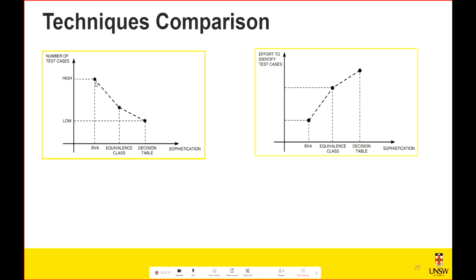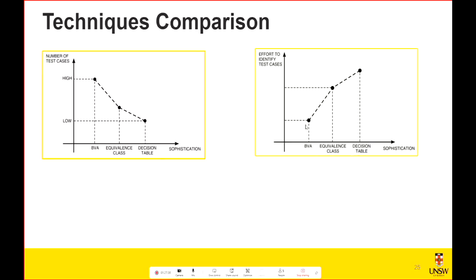Remember, the number of test cases required for strong robust boundary value testing could be exponentially large, right? According to the number of boundaries and variables. And for decision tables, we need the least number of test cases. However, it is considered the most sophisticated technique here.